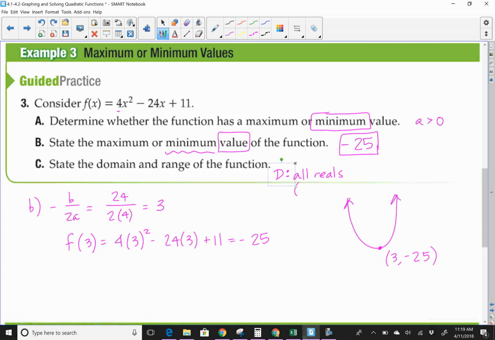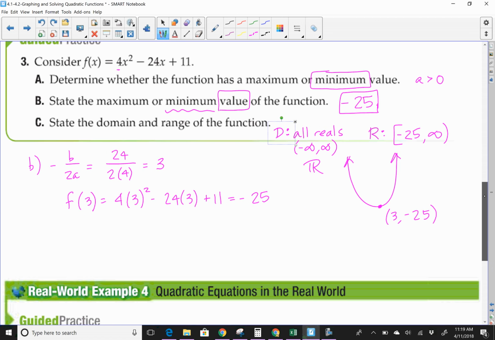You can write negative infinity to positive infinity. You can write the fancy little R, whatever you want. The range, okay, if this is a minimum, then that means that it is the lowest point on my graph. And actually, it's equal to that. So we would have a bracket, negative 25, comma, all the way to positive infinity.